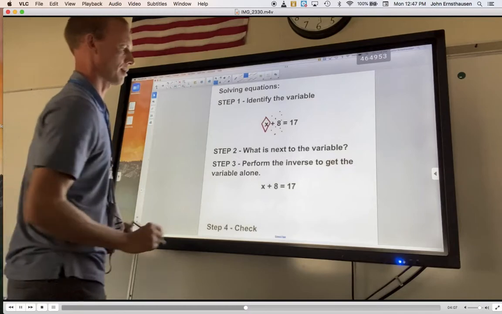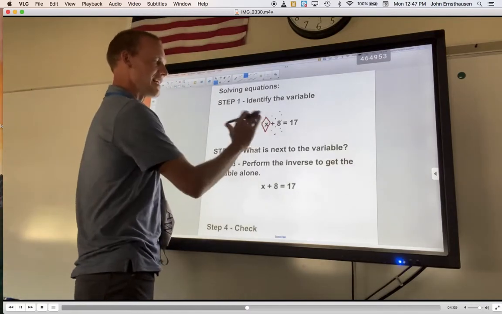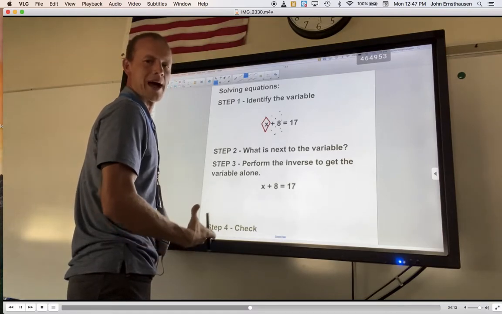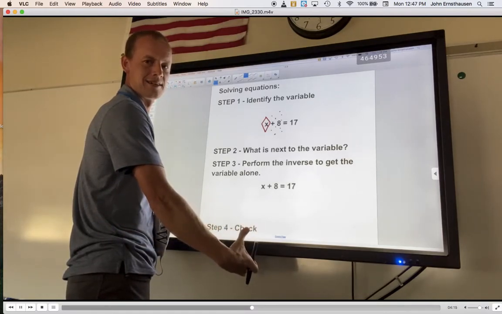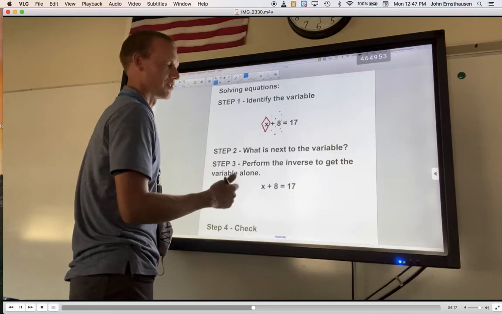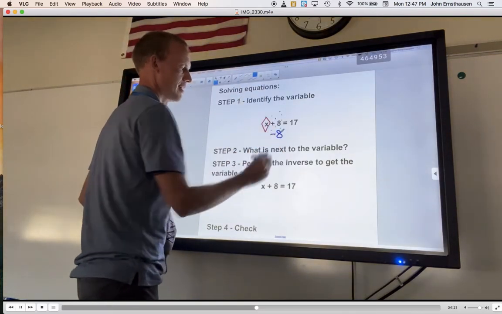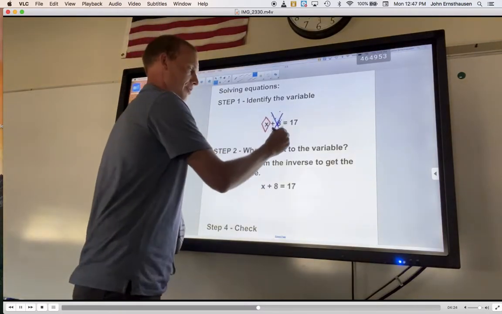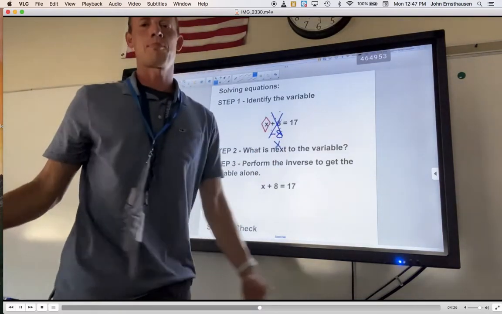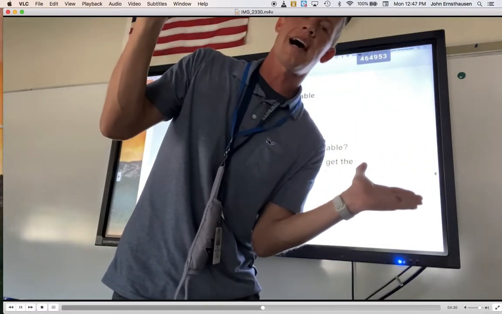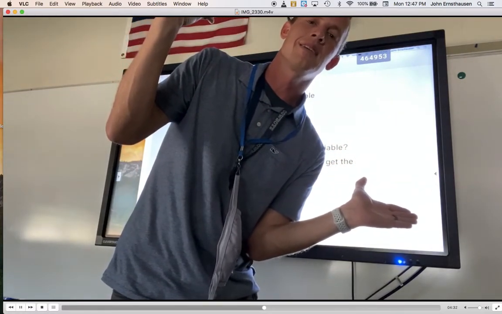So if I go back to this problem, I need to get rid of the sand, so somehow I need to cancel out adding 8 so that my variable's alone. And so in order to do this, I'm going to subtract 8. Now, those canceled out, I got x alone, but I have a problem. Remember the scale. If I subtract 8 on one side, my scale is not balanced.